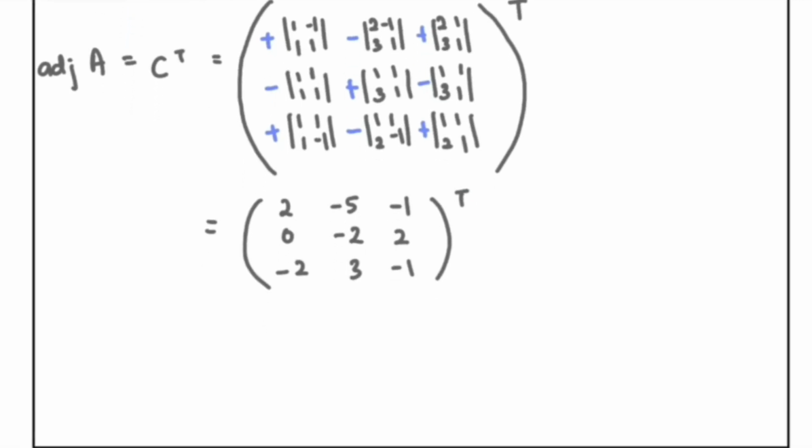And then all we have to do is just to transpose the matrix. 2, 3, negative 1. So this is the adjoint of A. I'll just copy this to make it easier for us.